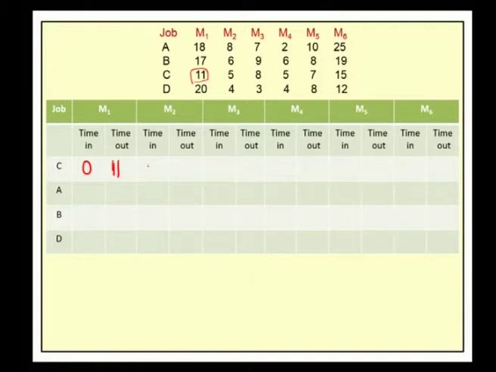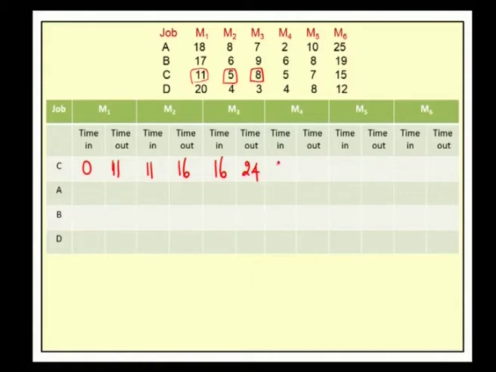Next, machine 2 starts its work at the 11th hour. The processing time on machine 2 is 5, therefore 11 plus 5 is 16. Machine 3 starts its work at the 16th hour, then it takes 8 hours to complete the job. So, 16 plus 8 is 24 hours.